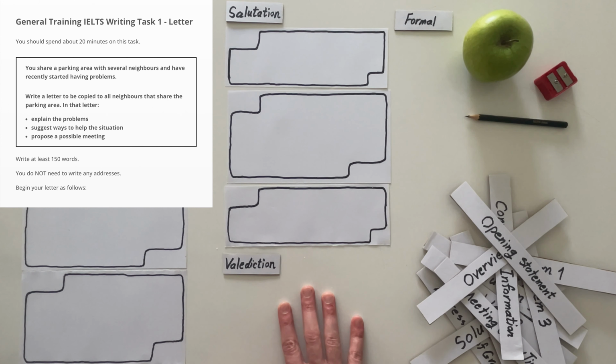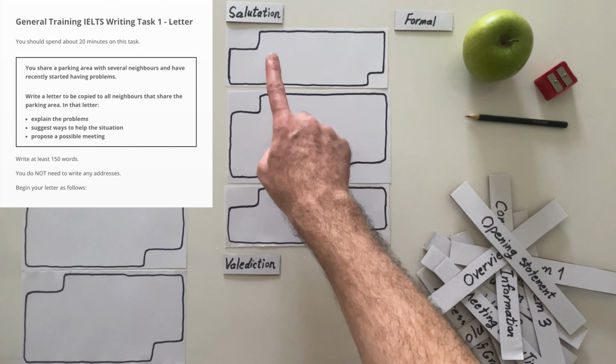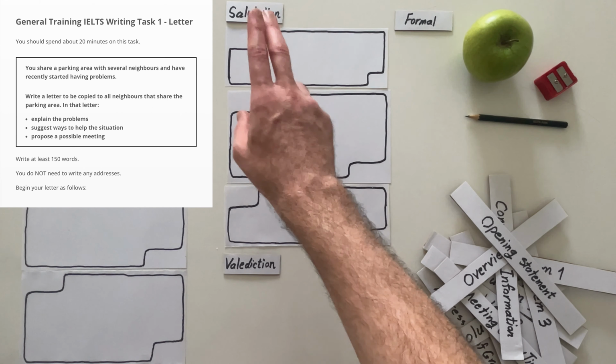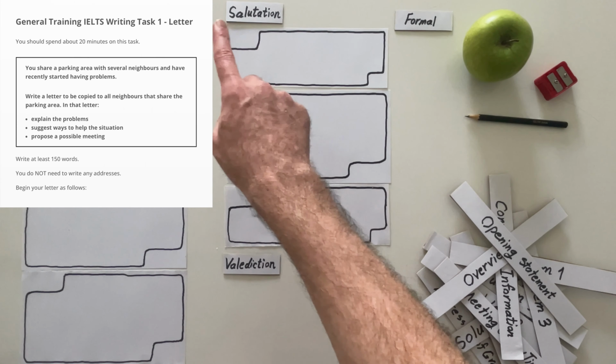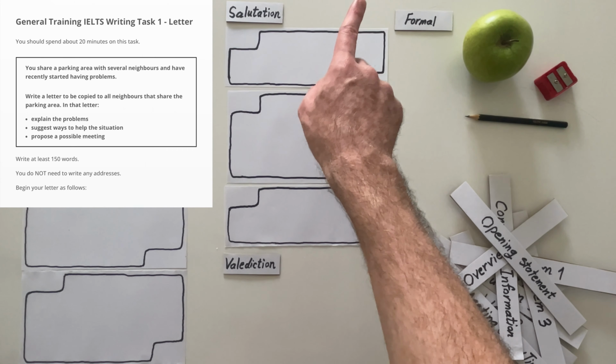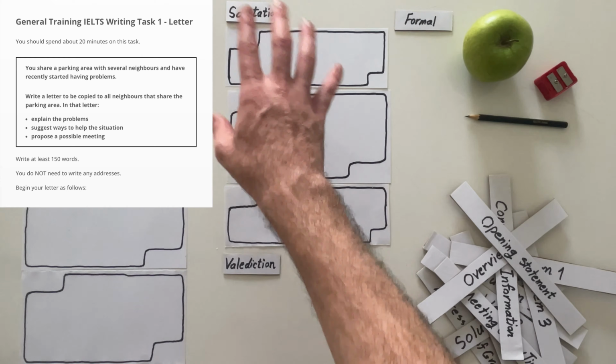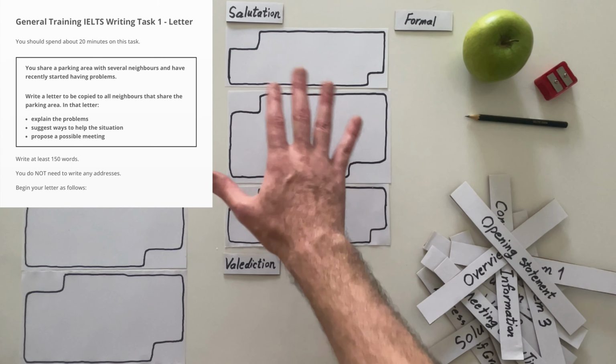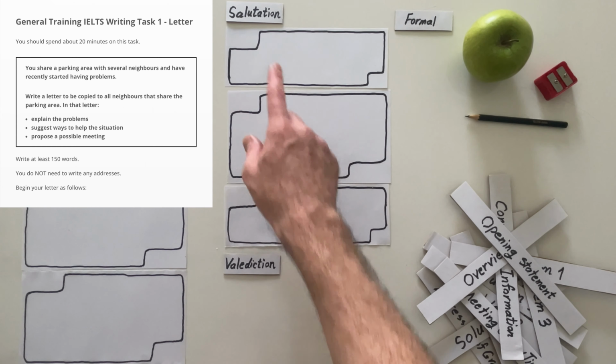Once that's over, we start. Your salutation is the part that you say, "Dear neighbors." It's formal, it's to the point, and since it's going to be copied, we don't say names here.